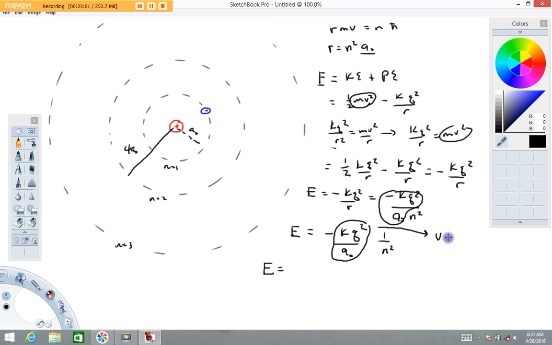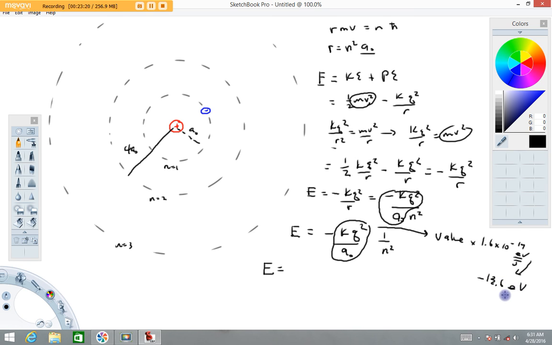Then you convert it to eVs. Remember that there are 1.6 times 10 to the minus 19th joules per eV. Out will come minus 13.6 eVs.